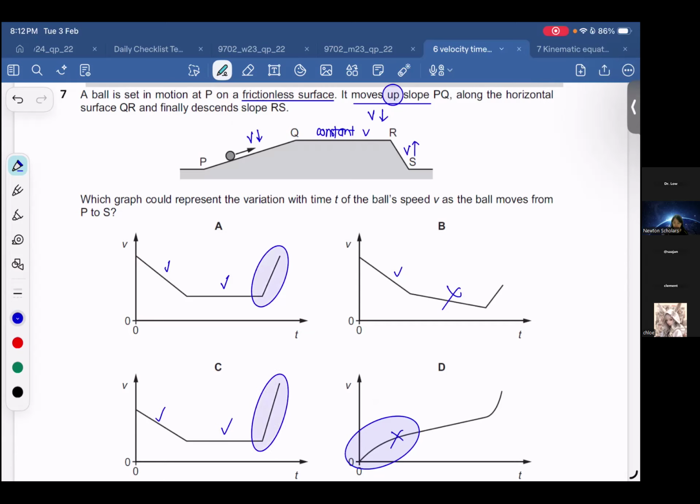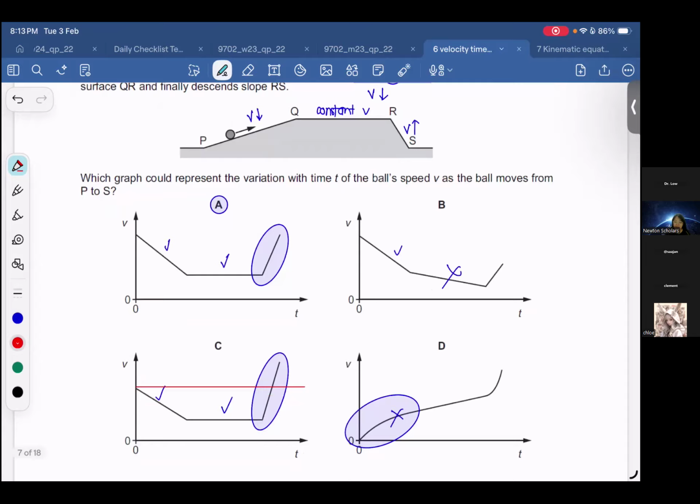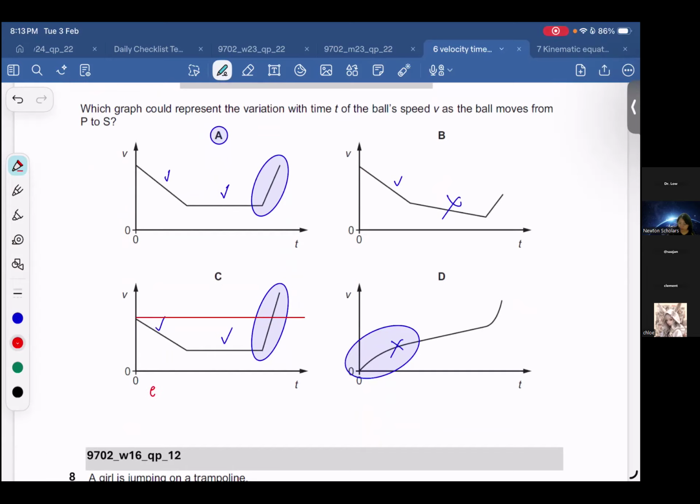My answer is no. The answer should be A, because let me draw it out. This one is velocity. Because energy is conserved, your final velocity cannot be greater than your initial.